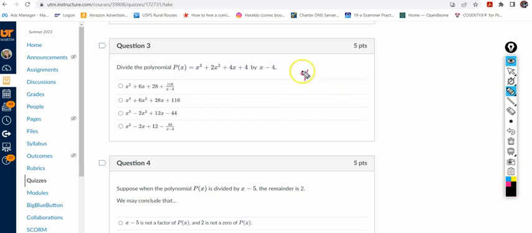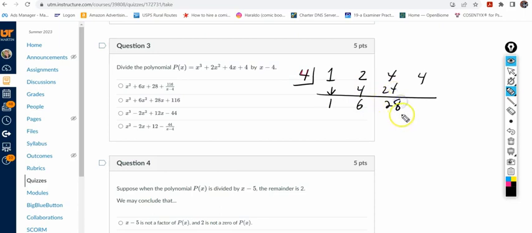I have 1 times x cubed, 2 times x squared, 4 times x, and then 4. 1 times the number in the box, then we add. 6 times the number in the box, then we add. 28 times the number in the box, and then we add.